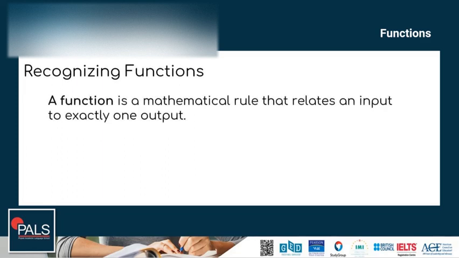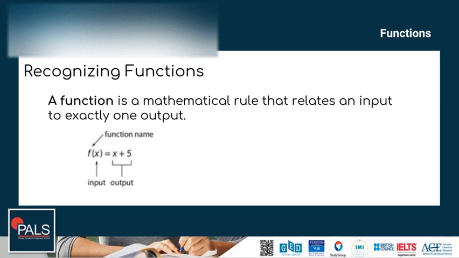Now let's proceed to recognizing functions. Before we go through recognizing functions, let us first define what a function is, because in recognizing a function, you need to know what a function means. So it says here, a function is a mathematical rule that relates an input to exactly one output.